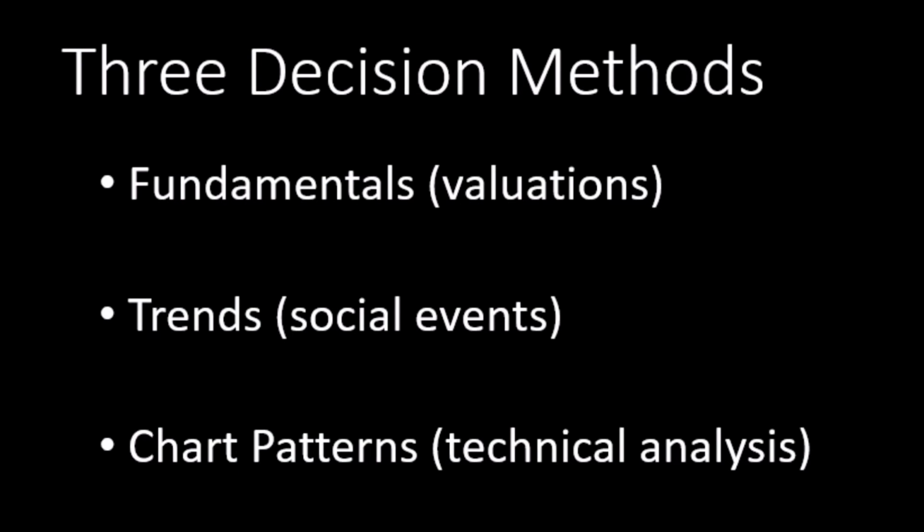That's basically evaluating a stock by its valuation. I also use trends. An example of a trend might be a demographic or a social event, like the recent presidential election. You're going to hear me talk about that in this episode. And then finally, I do rely heavily on technical analysis, which is the chart patterns that we're going to talk about today.